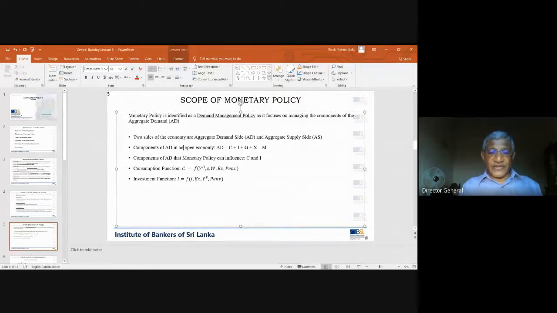Here also we have interest rate. Apparently, for both consumption and investment, interest rate is a common determinant. Okay, we can see something here. Then disposable income, and wealth. There is no need to explain wealth.